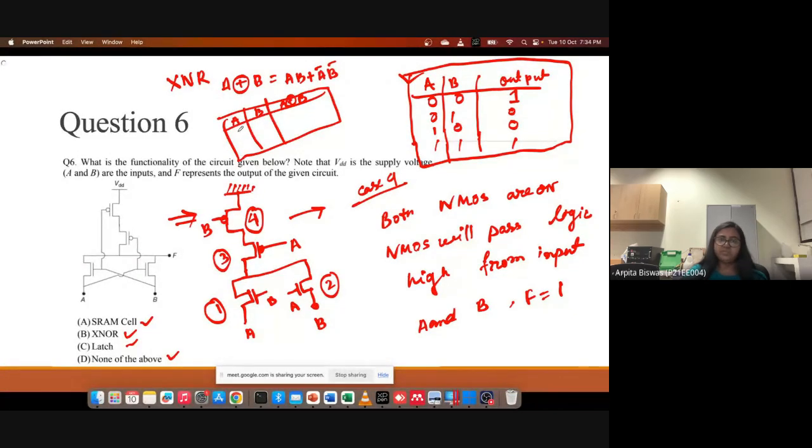So how it will come? A equal to 0 and B equal to 0, then it will come 0 0, 1 1, it means 1, right? Then 0 1, it will come 0. 1 0, it will come 0. If it is 1 1, then it will come 1. So this truth table is matching with the XNOR. Okay. So the right answer is the XNOR.